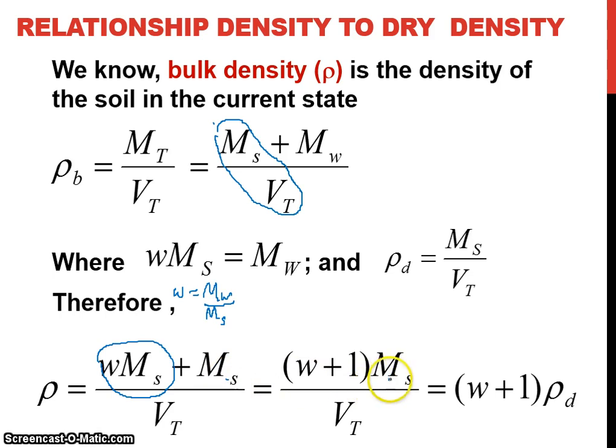And also ms, of course, this one. So we can factorize, right? Because we have mass ms, so we can factorize: w plus 1 times the ms over the volume total. So remember, ms divided by the volume total is rho d, so we can write like this and rearrange.